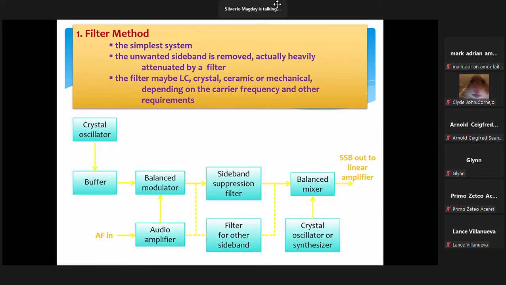And through the filter method, after the sideband suppression filter, ayan, namimili na siya. Necessary to select either your upper or the lower sideband yung magiging result as an output.